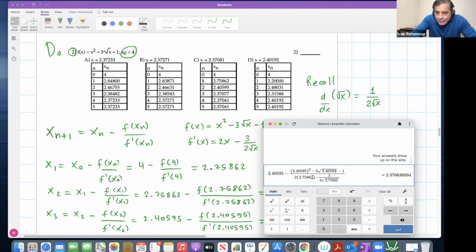You can write it out, but it's kind of long and takes time, so instead, just copy and paste. Very good.